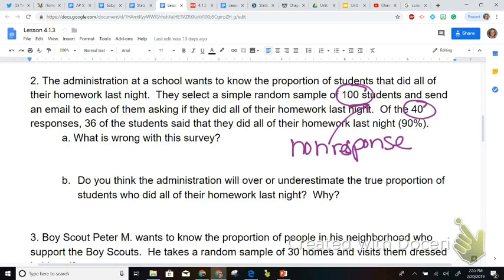The other issue is that this is your school administration asking this question, which means it's your principal asking you if you did your homework last night. That could mean that you might be feeling pressured to say that you did, whether or not that's true. So maybe you'll lie when you take the survey. This is an example of response bias.